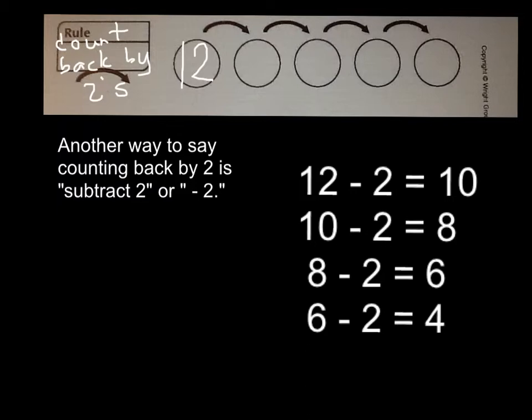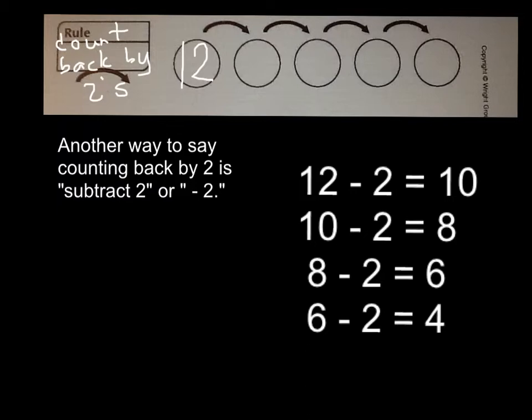So boys and girls, when we look at this frames and arrows problem, we know that our first number is 12. And we need to count back by 2. So on our number line, I want everyone to put your finger on 12 and count back 2 right now. 1, 2.